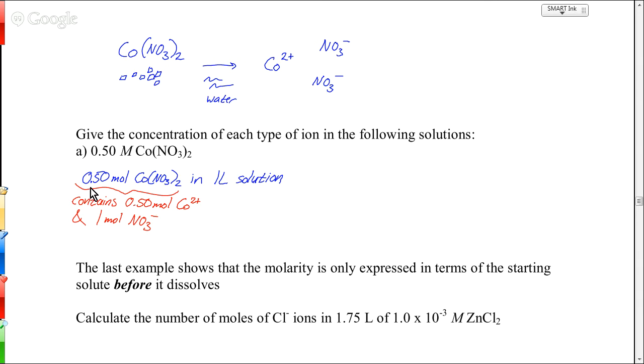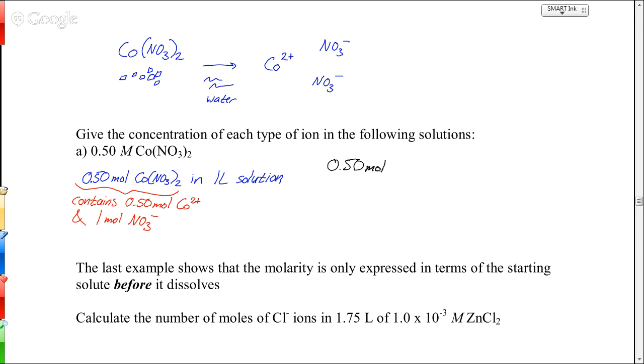Let's think about these numbers again. So we've got half a mole of cobalt floating around in a liter of solution. That means there's half a mole of cobalt ions floating around in that liter of solution. So half a mole per 1 liter is 0.5 molar, right? Let's write that.